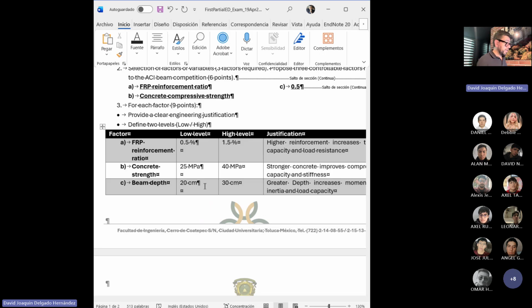Why you were choosing those values, right? The values are not important for now in this part of the exam. So the important thing was to propose some numbers. That was the idea in this question.